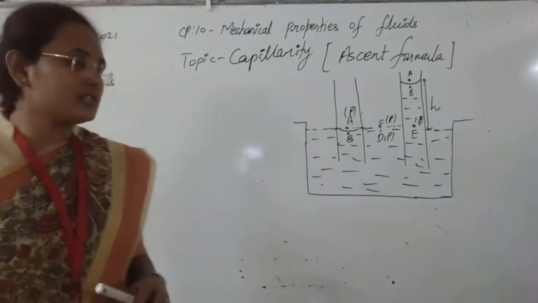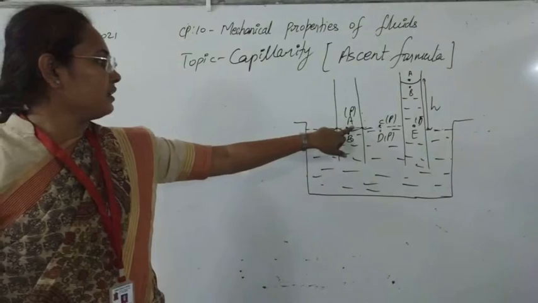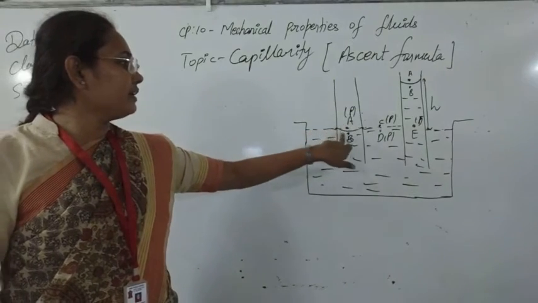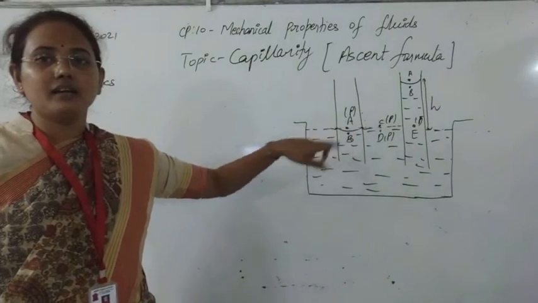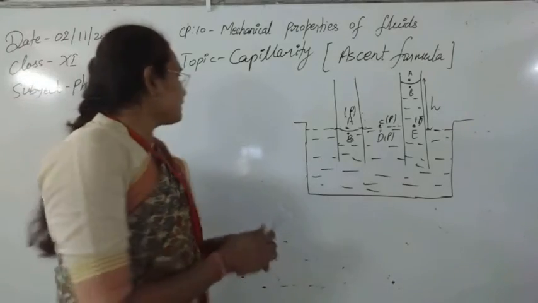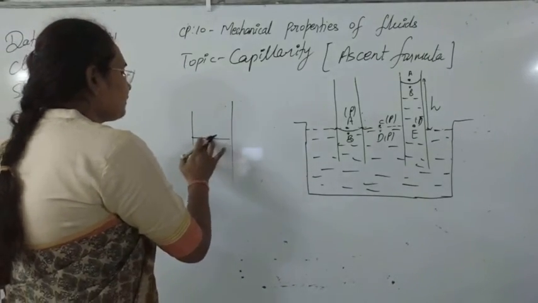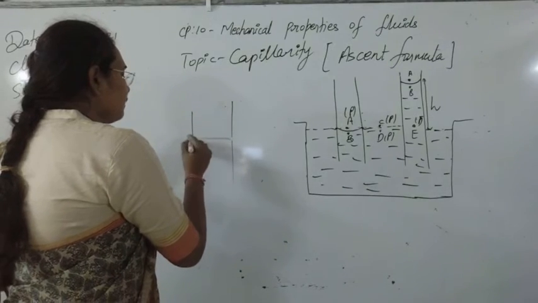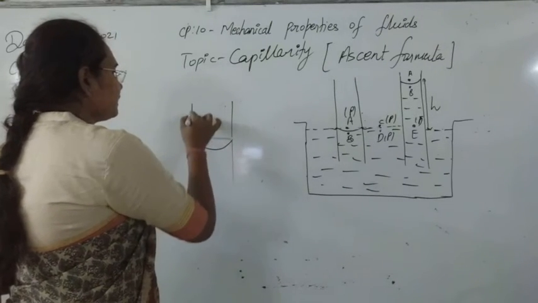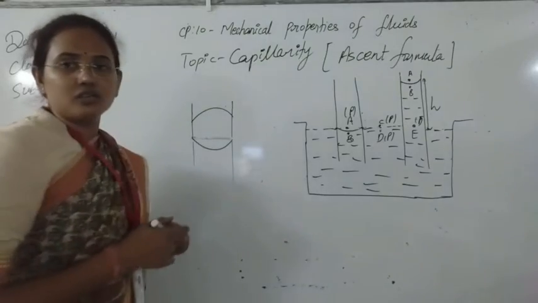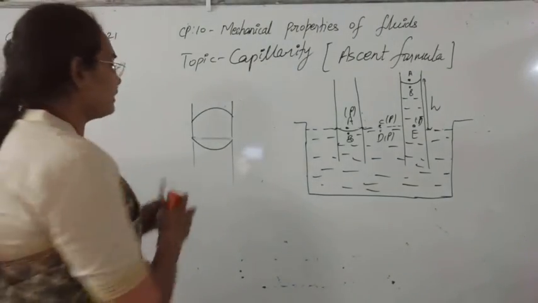What is the liquid meniscus? Whenever you have seen a capillary tube, the liquid makes a curve there. We see the liquid surface in this shape or in this shape. So this is called the meniscus of the liquid.